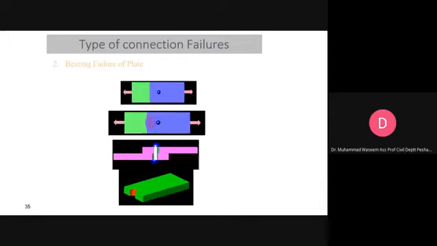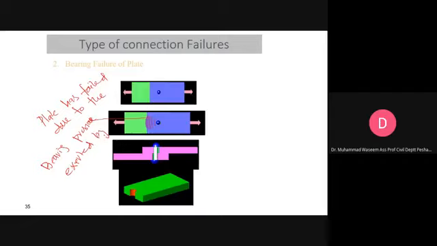This is an indicative that the plate has failed due to the bearing pressure exerted by the bolt onto the plate.